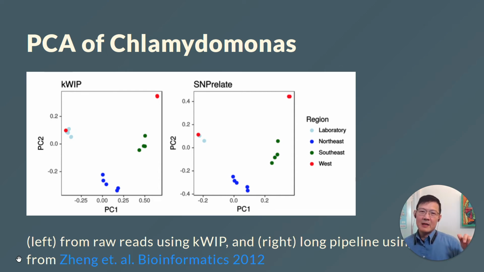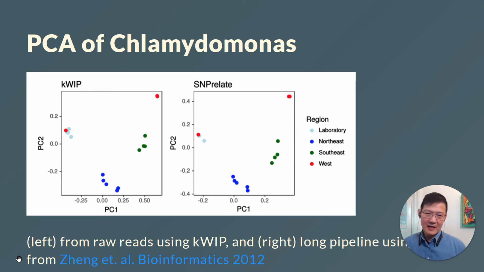Now on the right, we have a previous implementation where they took these sequences. They had to do some very complicated analysis. They had to detect something called SNPs, which are single nucleotide polymorphisms. You look at these variants, and then there's this very complicated pipeline to identify the right variants.